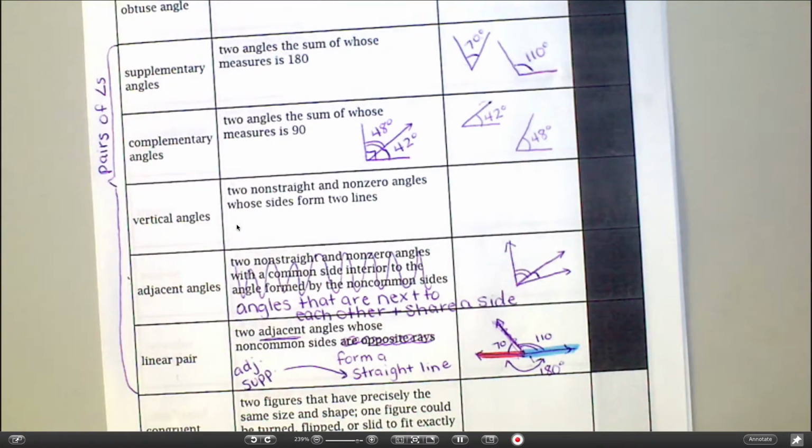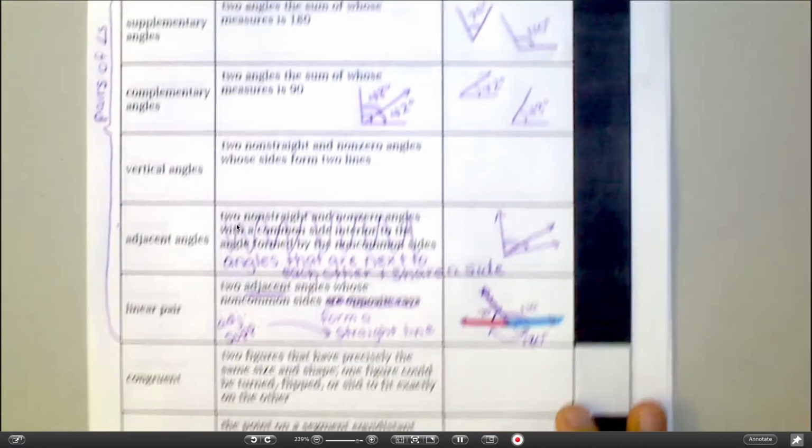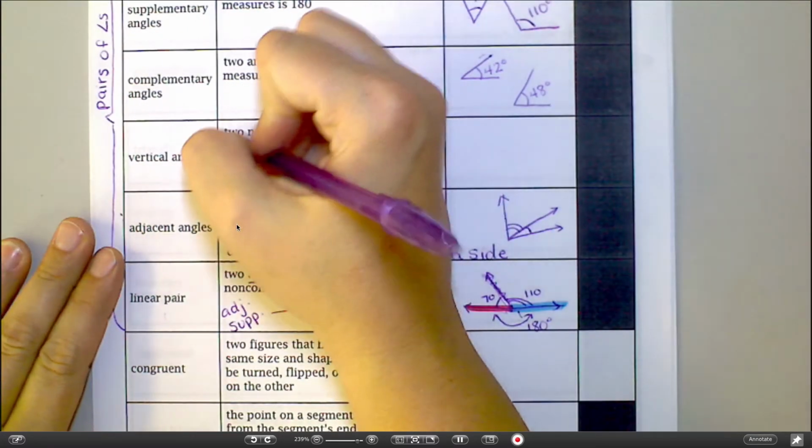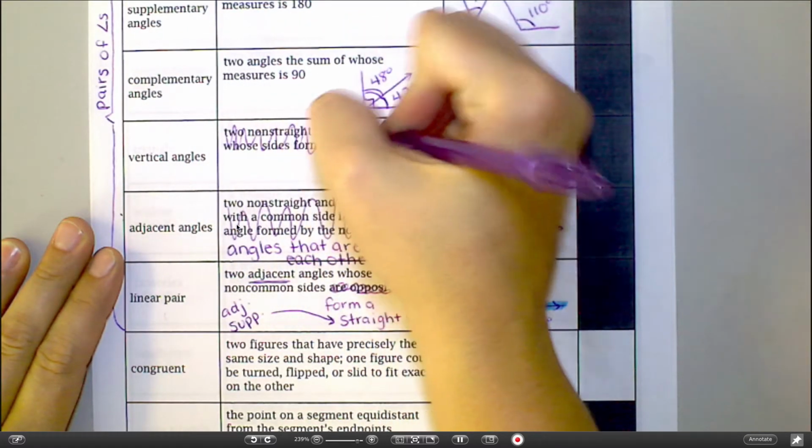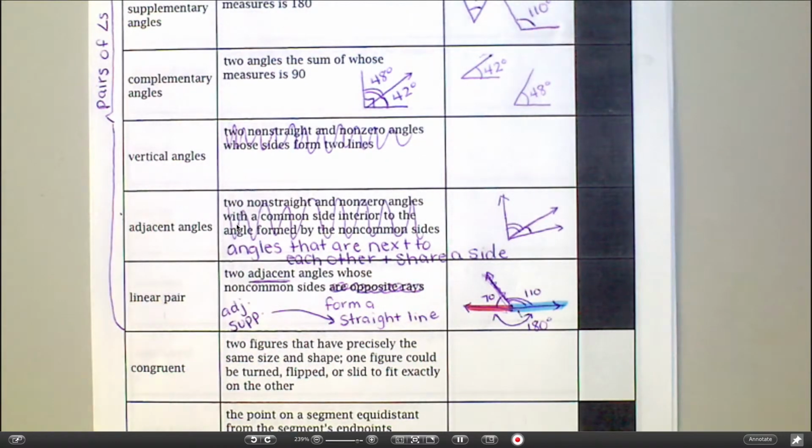All right, let's talk about vertical angles, because this is possibly the most offensive definition on this whole page. It's technically a correct answer, but not one of us in here is going to read that and be able to picture what vertical angles actually are.